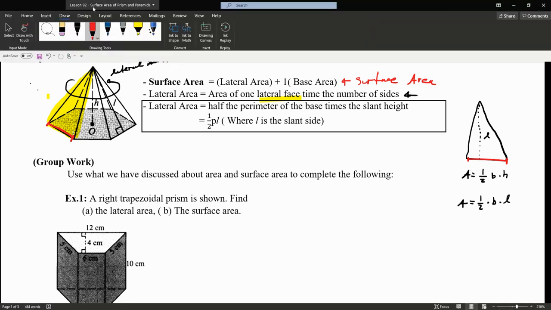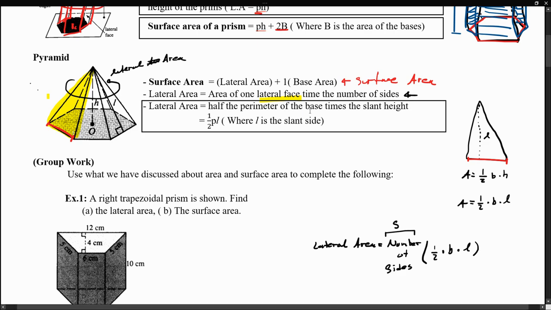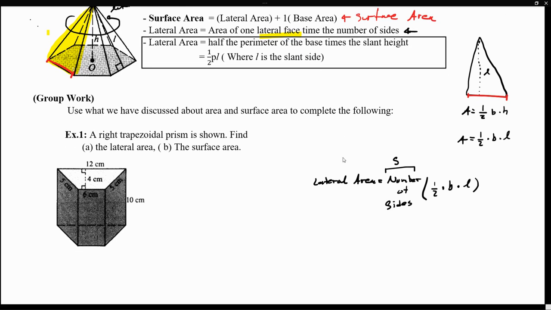So therefore, if we just expand this, the lateral area is equivalent to the number of sides times the area of that triangle, which is 1/2 times b times L. For the number of sides, I'm just going to represent this as S. So now I can say that this is equivalent to 1/2 times S times b times L. But notice that the number of sides times the length of the base is equivalent to my perimeter.